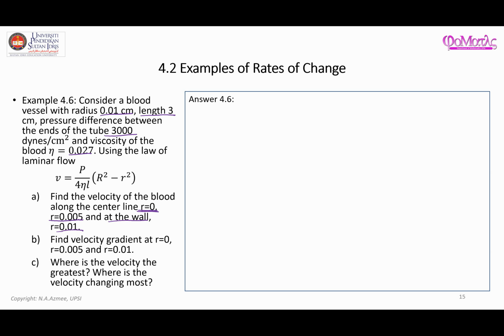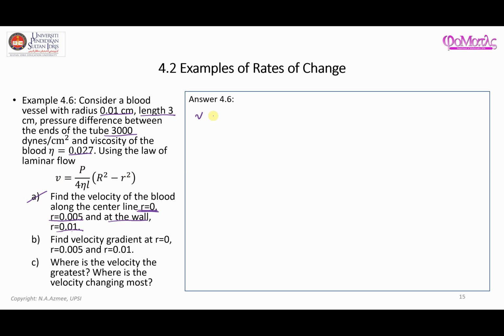In order to answer question A, you just need to substitute these values into the law of laminar flow. So I'm going to write down the equation.